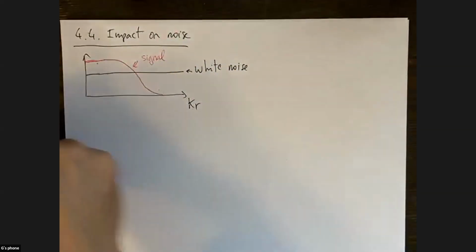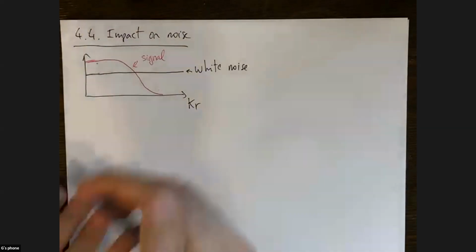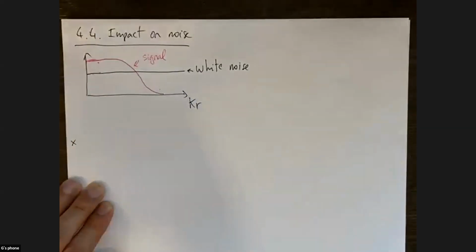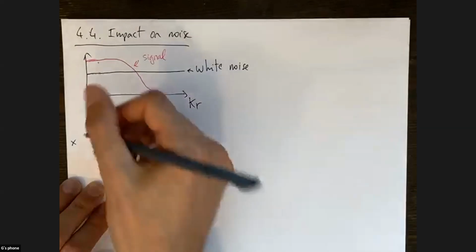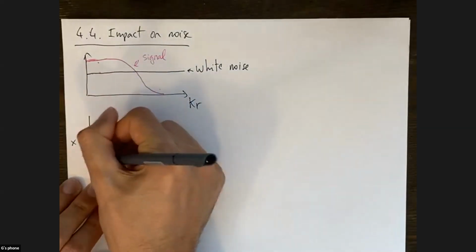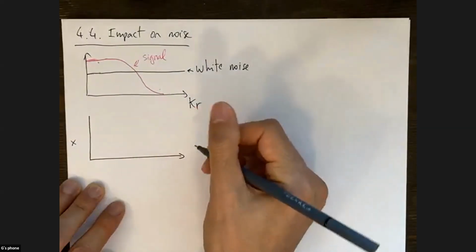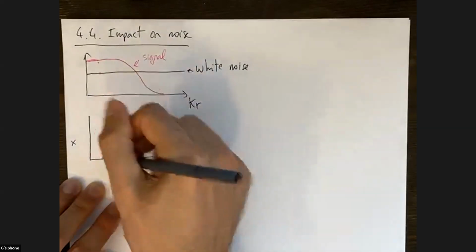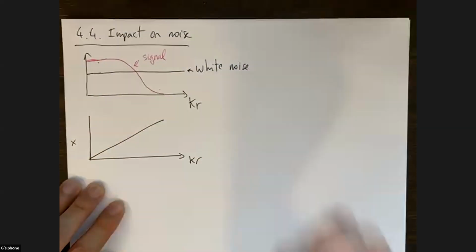So what happens when we multiply by the ramp filter? Remember that we said that we're going to be multiplying each projection by a ramp filter. So remember the ramp filter is a ramp, so it's just something like this.